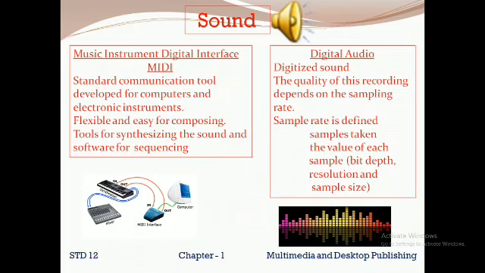Sample rate defines how many times per second a sound is sampled. It is defined by how many samples are taken and how many numbers are used to represent the value of each sample. That is bit depth, resolution, that is clarity, and sample size.